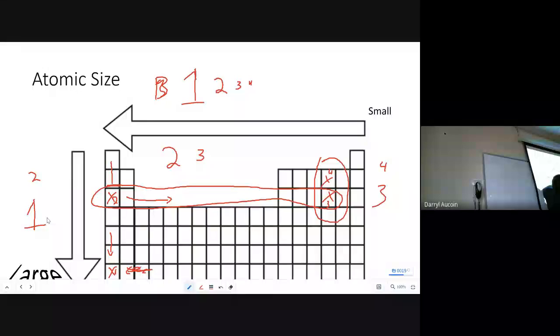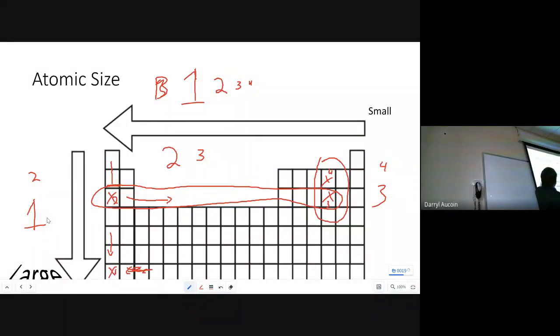We looked at this column right here. 2 is big, but 1 is bigger because 1 is further down. 4 is big, but 3 is bigger because 3 is further down. So we know that 3 is bigger than 4. We know that 1 is bigger than 2.